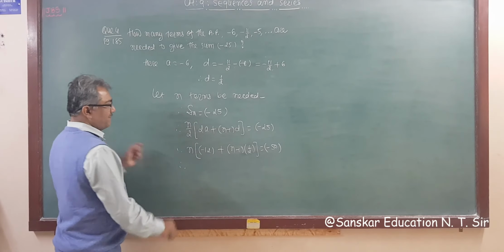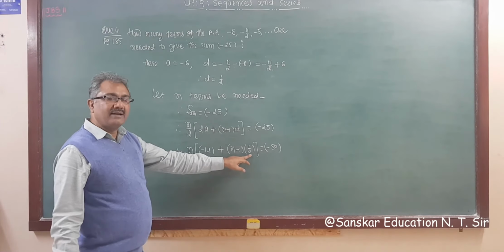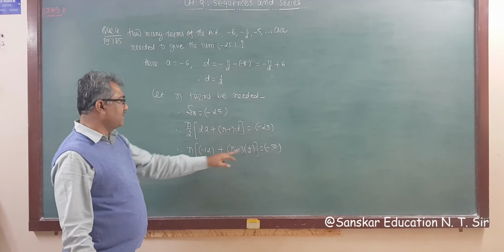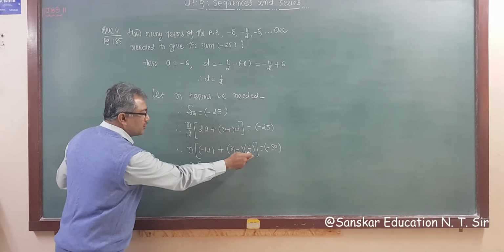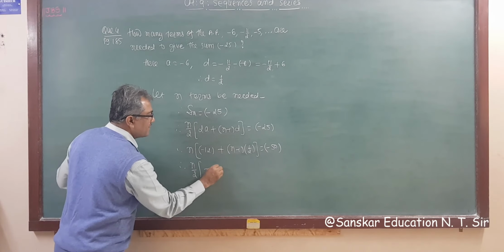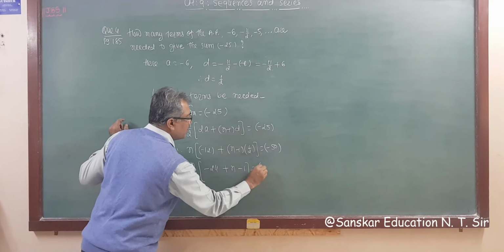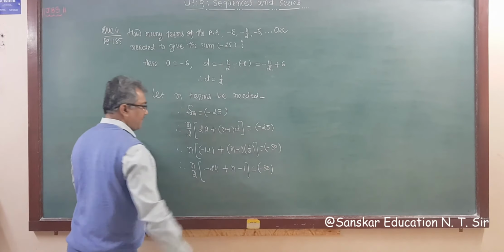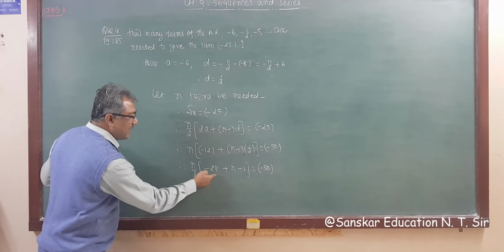So simplifying this, it's better to take an LCM again. So taking 2 as LCM, it becomes n by 2. So 2 into minus 12 is minus 24 plus n minus 1 is equal to minus 50, right? Again multiply by 2, it becomes 100 and multiply by n here.